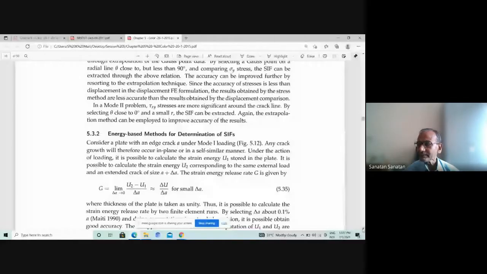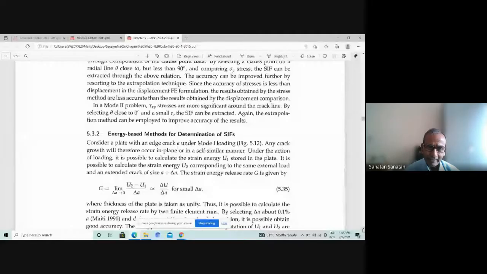In the stress method and displacement method, we did the evaluation just once and you could evaluate the SIF with one computation, but the accuracy of SIF was lower than this energy-based method where there are two computations. So again, it is certainly objectionable. I get the accuracy by spending more money, and that is not actually tolerable.